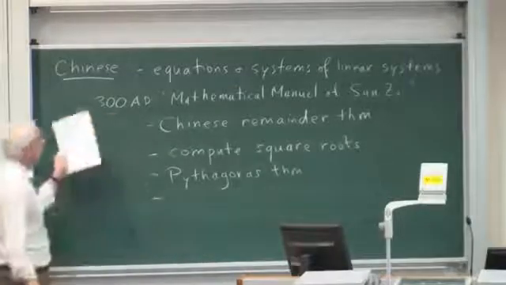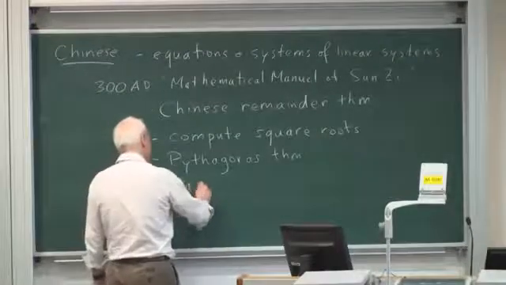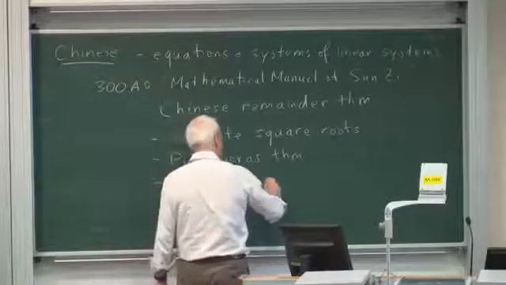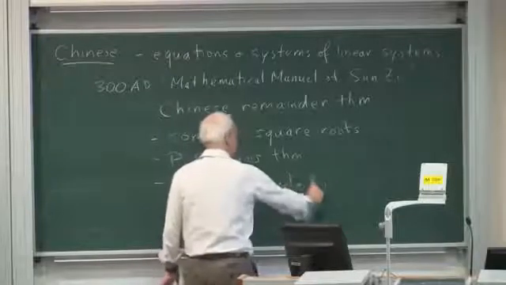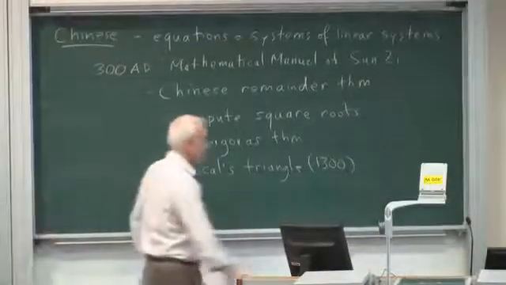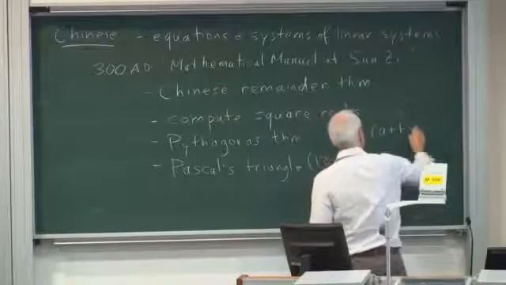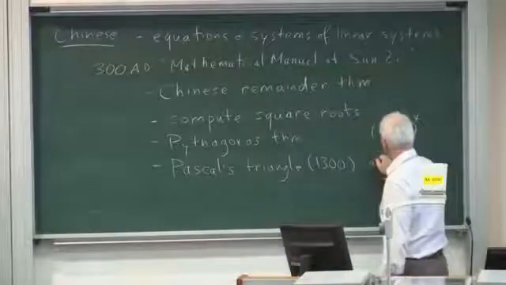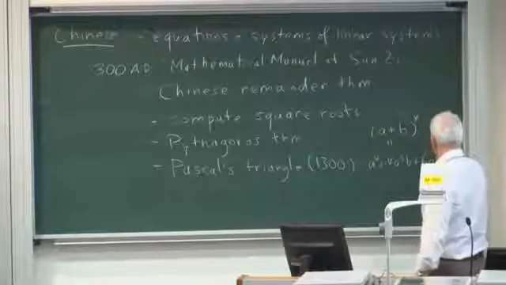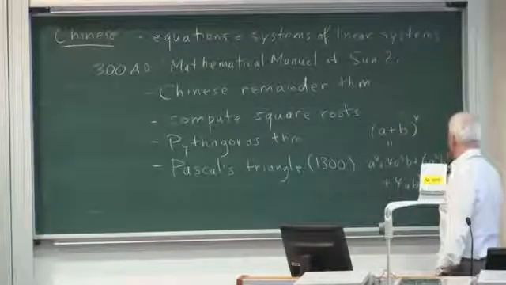Later on in the Chinese work, around maybe the 12th or 13th century, there's a very clear reference to Pascal's triangle. So maybe this is around the 1300s. Pascal's triangle, of course, is that which appears in the binomial theorem when you expand out a plus b to the fourth. For example, you get a to the fourth plus 4a cubed b plus 6a squared b squared plus 4ab cubed plus b to the fourth.